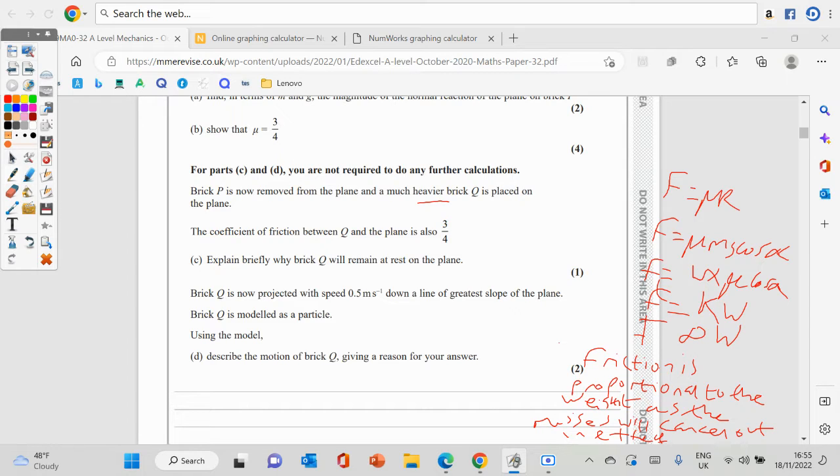Alright. Part D. Describe the motion of brick Q, giving a reason for your answer. So brick Q has got no resultant force whatsoever.